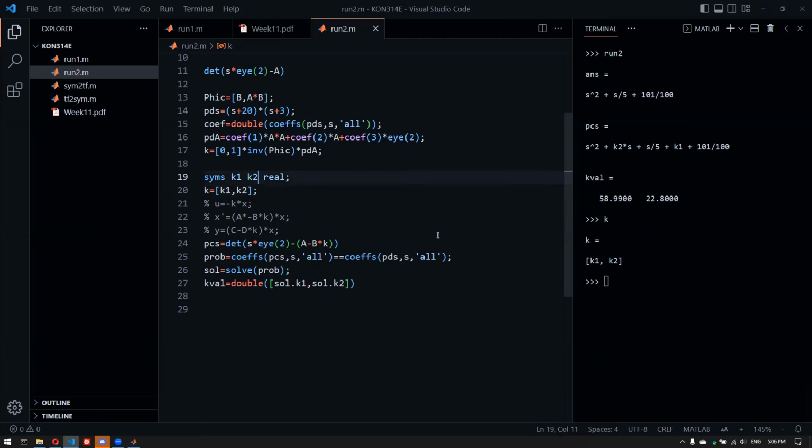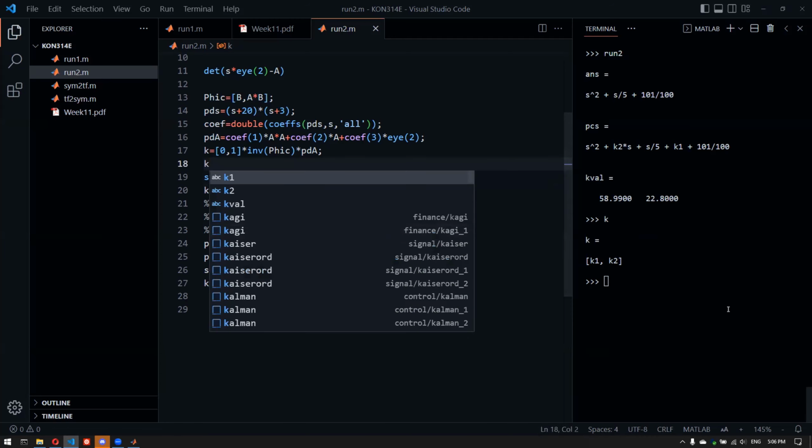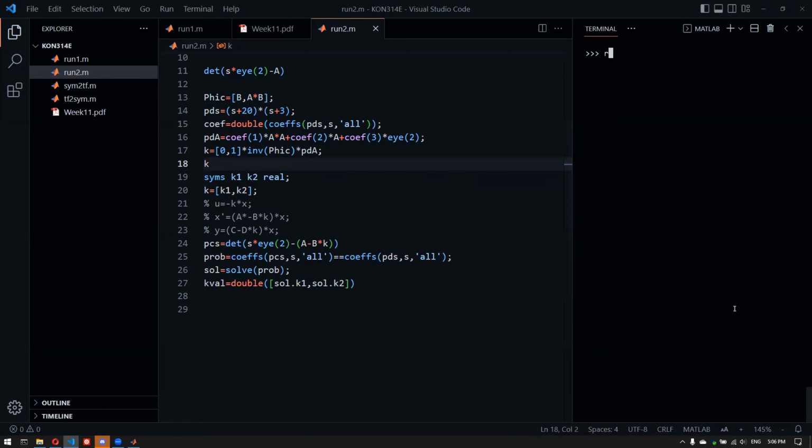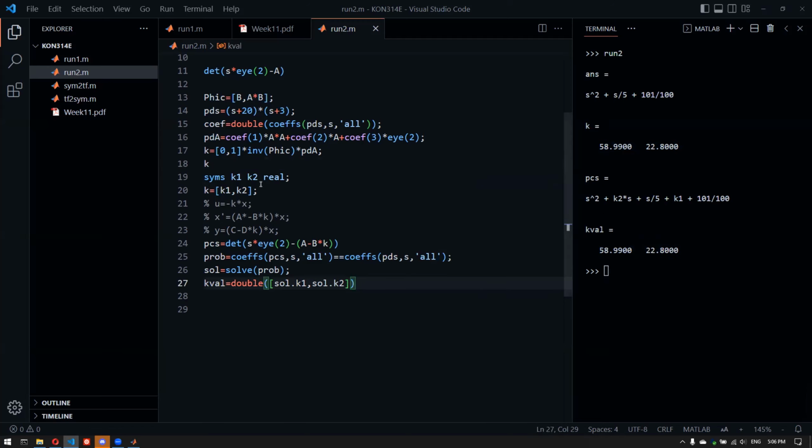If we don't override it, that's going to be K. So let's see. Now you can see the interesting thing here is that we can actually solve this without using the Ackermann formula. We have just assumed K as a vector of K1 and K2, which are not known, and we've used the fact that this is the characteristic polynomial.